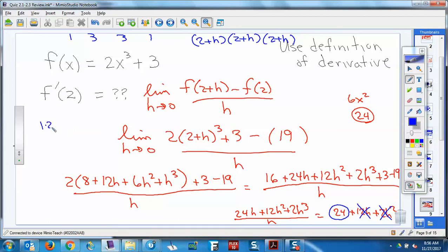So it's 1 times 2 cubed, and then a 3 times the first thing squared, and then the h to the first, and then a 3 from Pascal's triangle, and then the first thing to the first, and then the h to the second, and then a 1, and then the last thing cubed. That's where the 1, 3, 3, 1 of Pascal's triangle comes in.